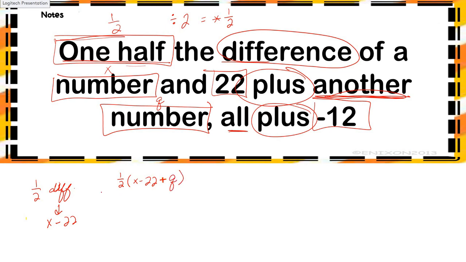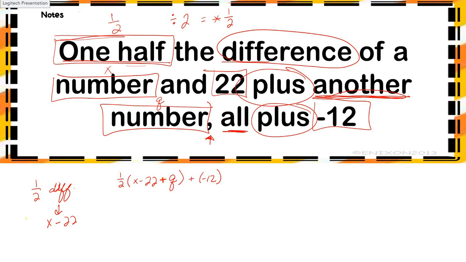Okay, so now I want 1/2 the difference plus another number. So I have that all, and then I have this comma in here too. So I want all of that plus a negative 12. And again, I put the negative 12 in parentheses, so I know that this negative sign goes with the 12. Right?